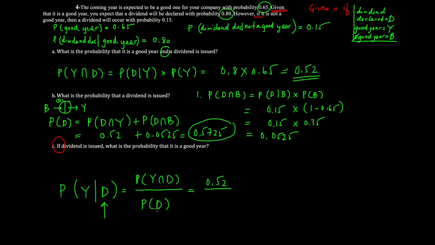And then this here, we have it from part B, right here, it's 0.5725. And we simply divide through, and this is 0.983. Okay, and there you have it. So you see how simple it is?